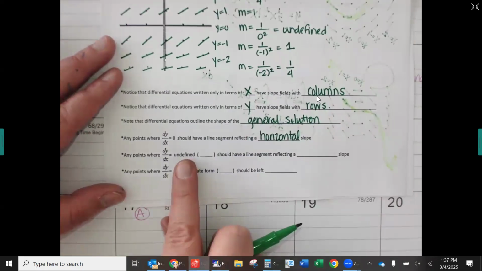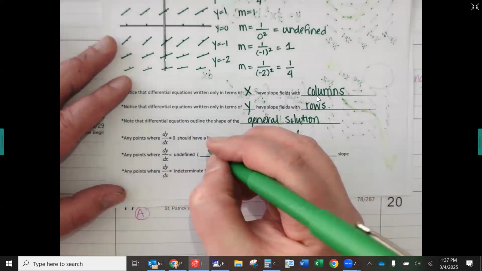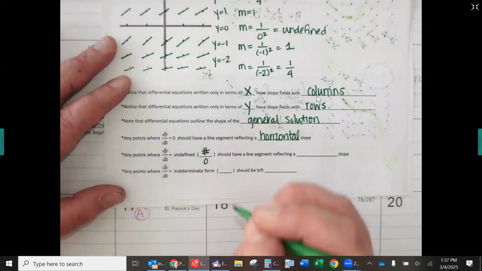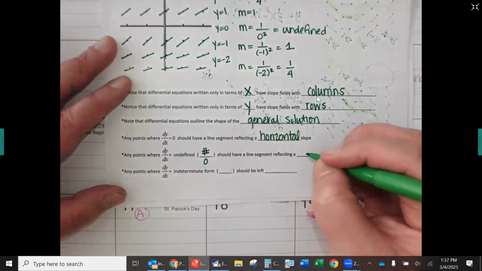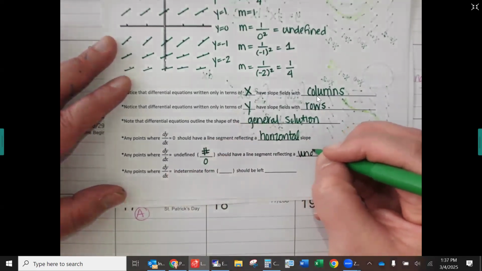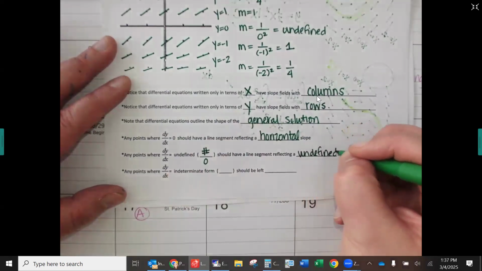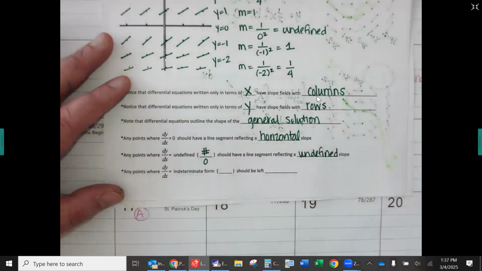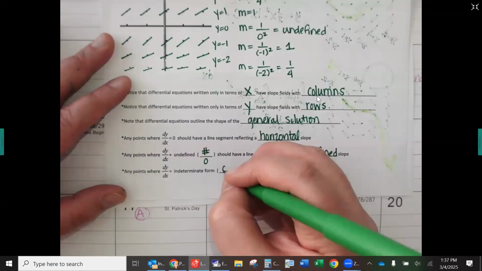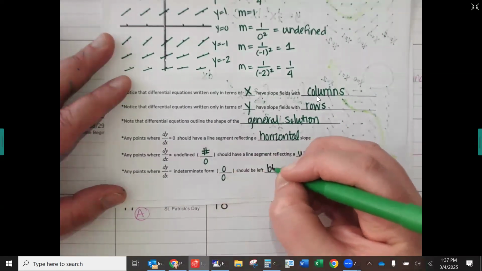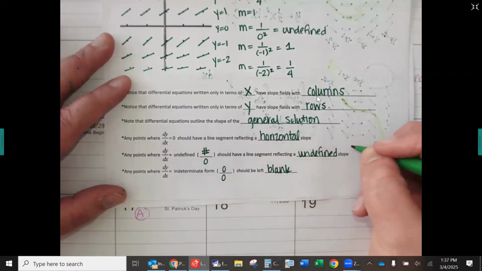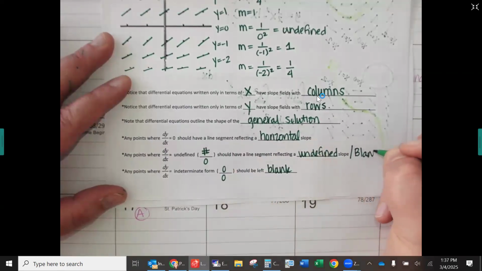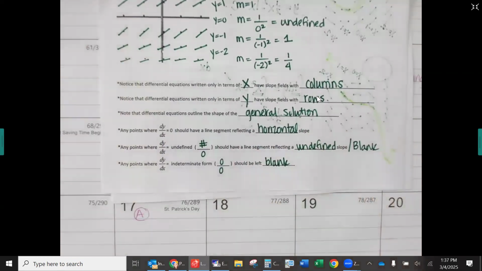If your dy dx comes out to be undefined, remember that's a number divided by 0 on the bottom, you are going to leave those blank. And if you get a 0 over 0, that should also be left blank. So for verticals or undefined slopes, blank. And if you get a 0 over 0, you would leave that blank as well.